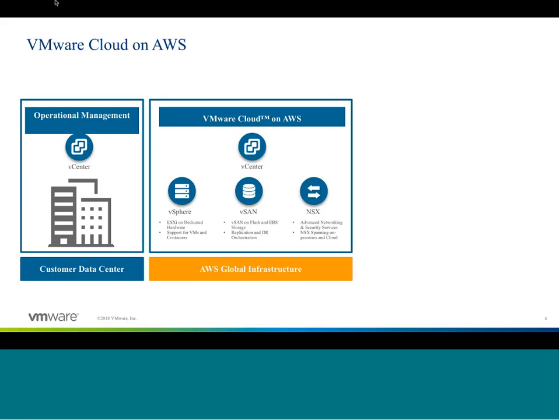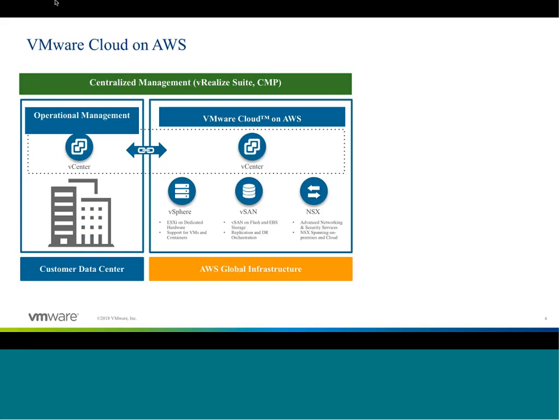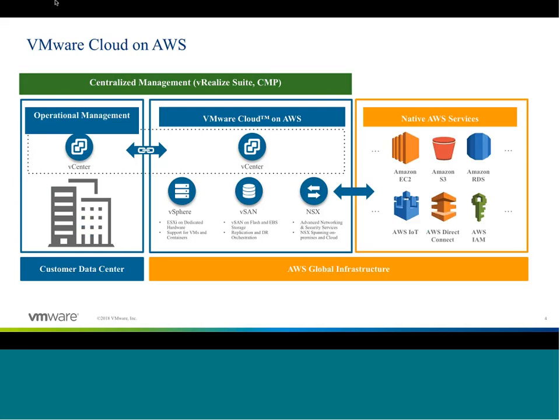Now, you also have data centers on-prem, and we provide different connectivity options between the on-prem data center and this SDDC in the cloud, including hybrid link mode where you can centrally manage vCenter both on-prem and in the SDDC with a single pane of glass. And you can also take advantage of all the management tools you're used to using. We have vSphere both on-prem and vSphere sitting in the SDDC.